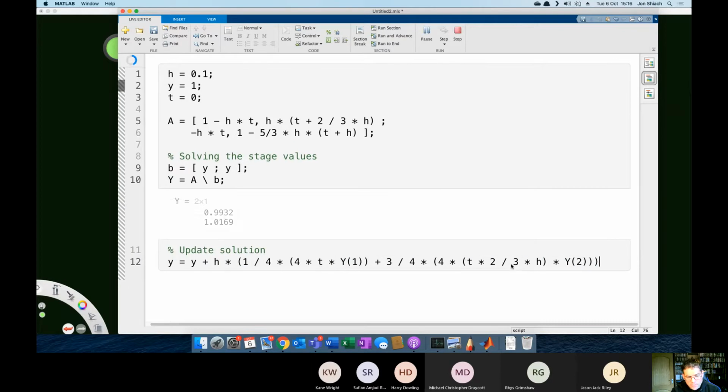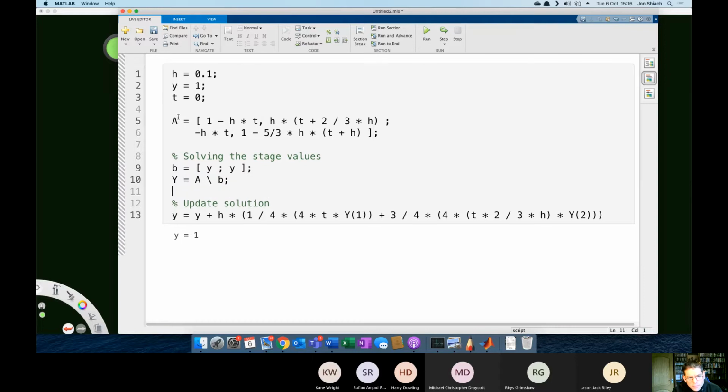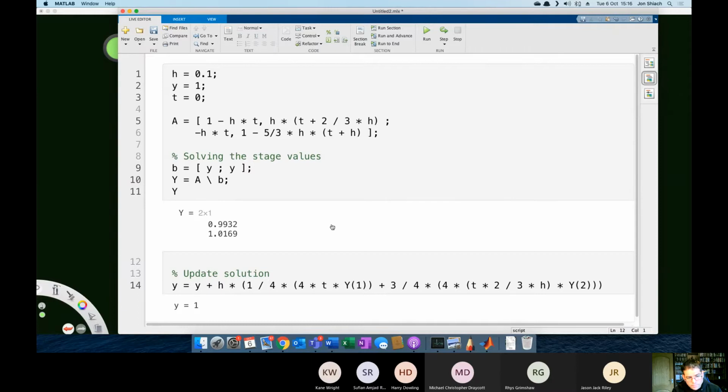If I run that, y1 is 1. That's not good. For some reason, so just double check what my y is. It shouldn't be 1. Just double checking. Should really put 0h.